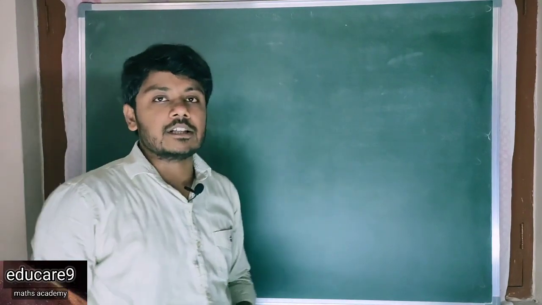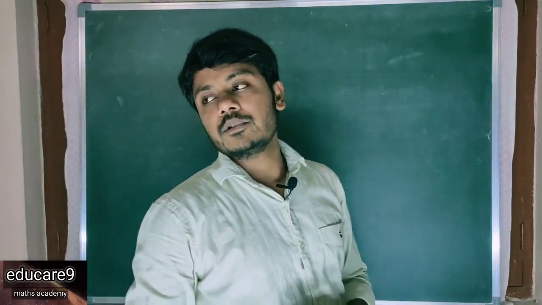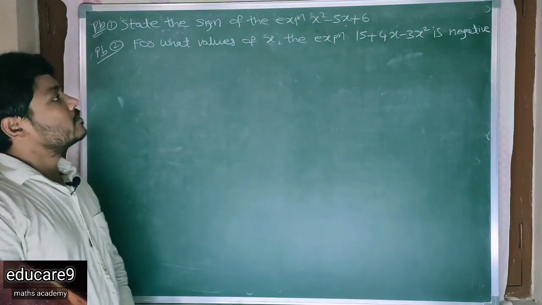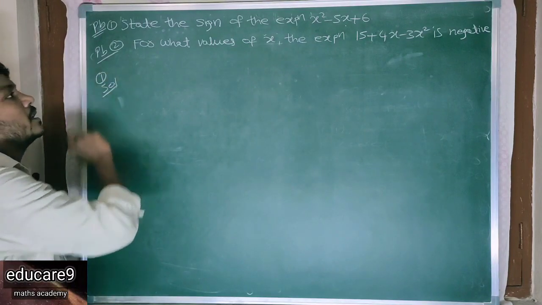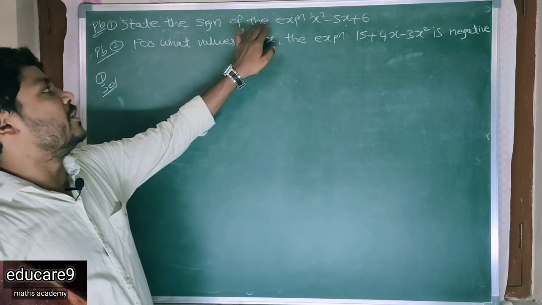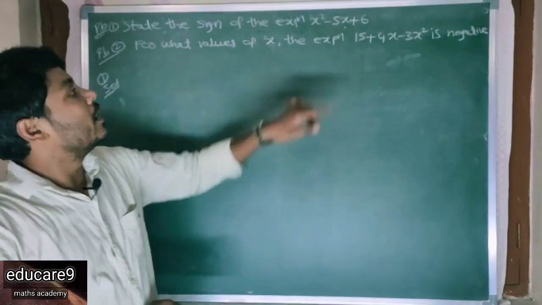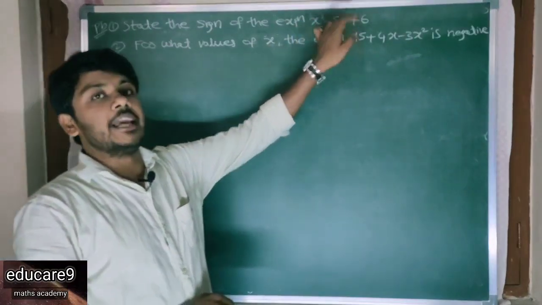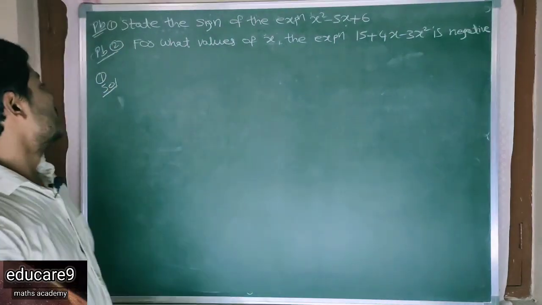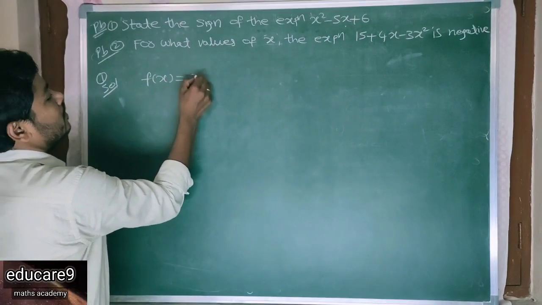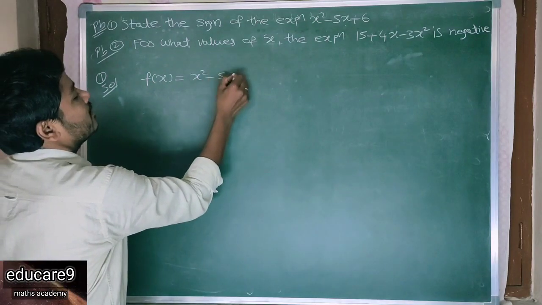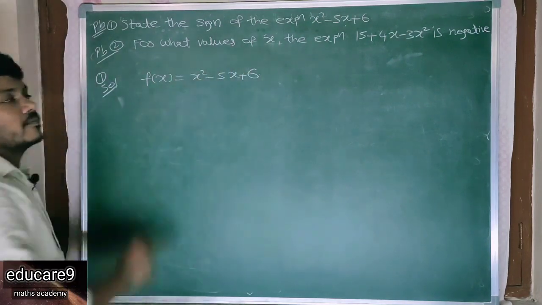So now we will discuss the problems on the theorems. So see the problems. The first one: state the sign of the expression x square minus 5x plus 6. So the given expression is f of x equal to x square minus 5x plus 6.